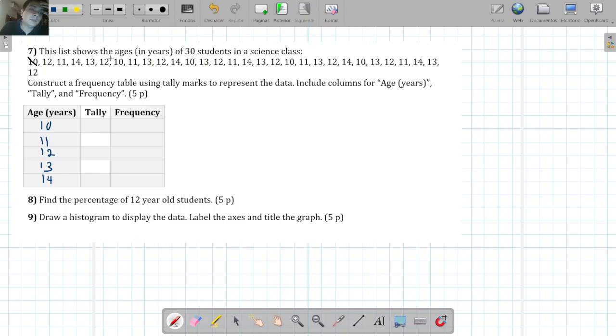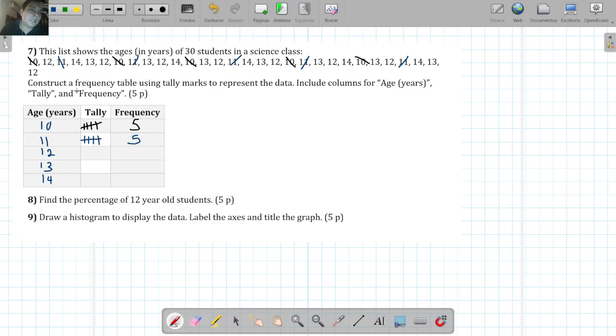We have 1, 2, 3, 4, 5. So as a tally, this will look like this, 5, and our frequency is just a number. Let's go with the ones with 11. 1, 2, 3, 4, 5. Again, we have 5.